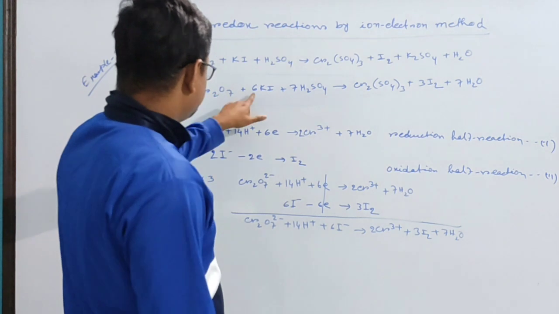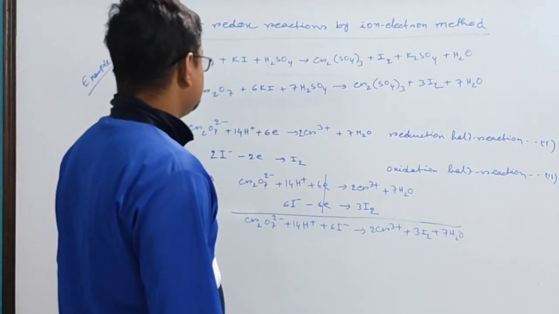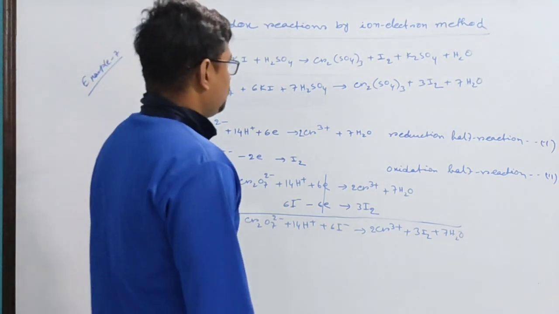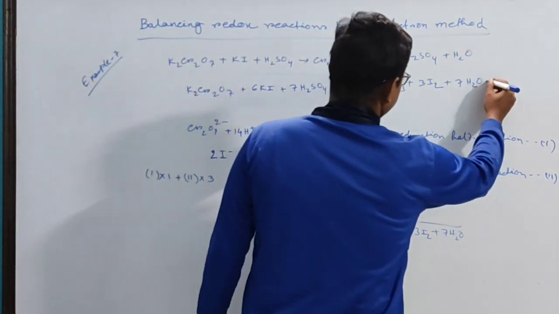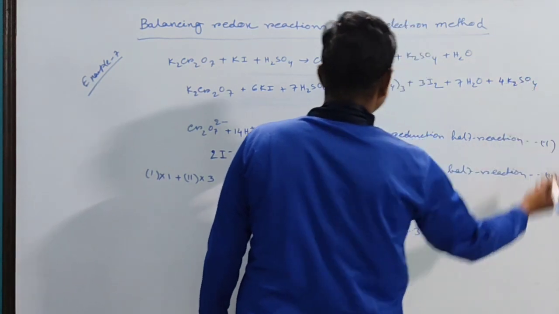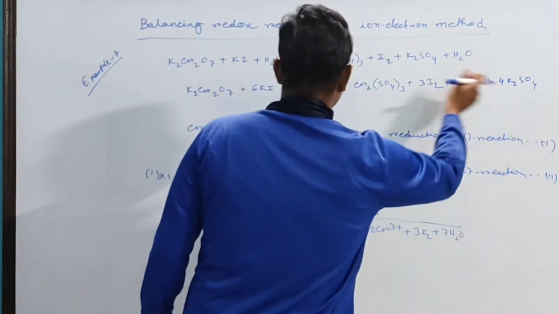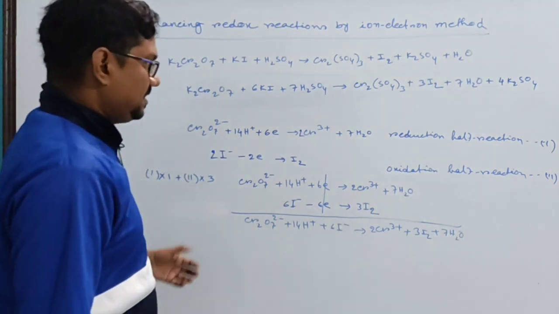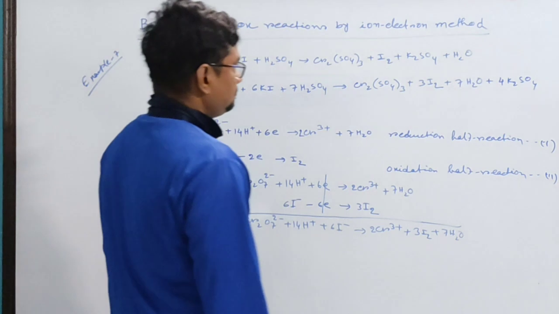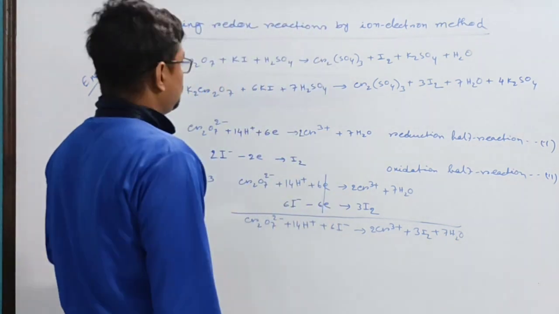K2 and 6K means 8 potassium ions are there on the left hand side. For that, if we add 4 K2SO4, then it will balance all the potassium ions present on the left hand side, but at the same time the sulfate ions should also be balanced.